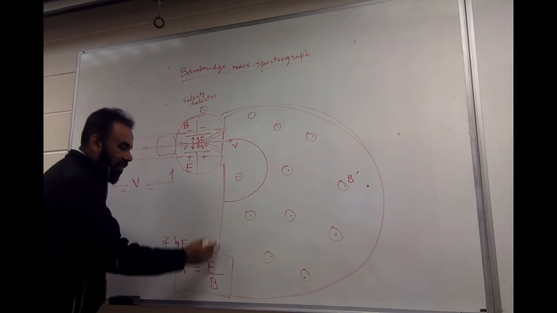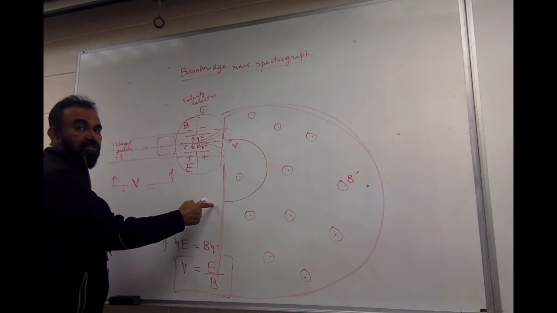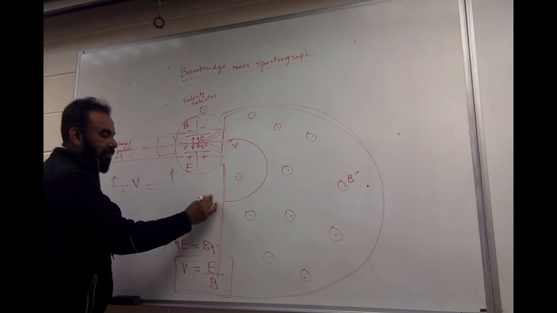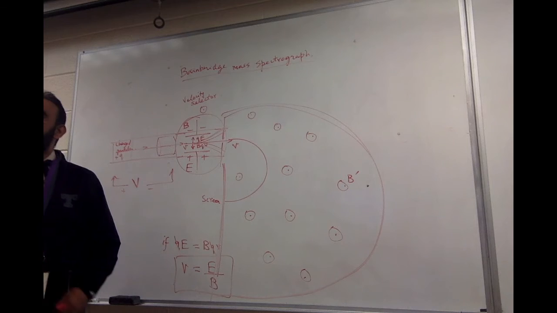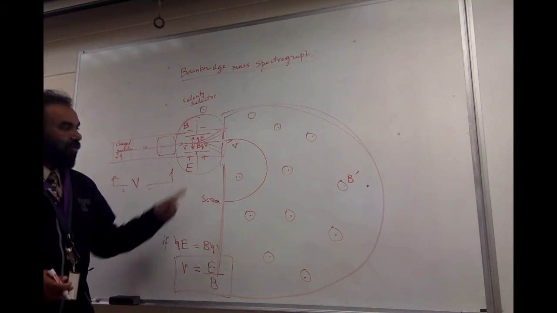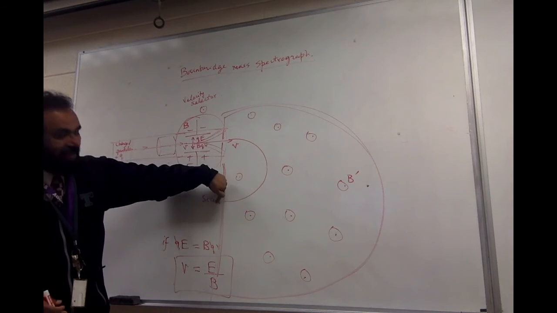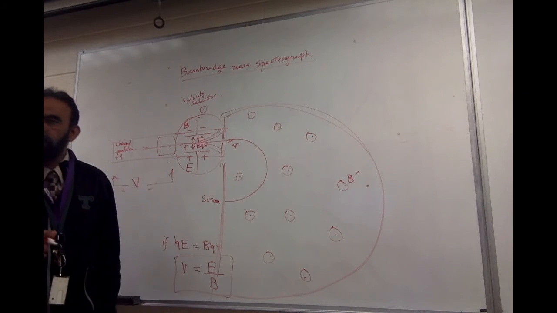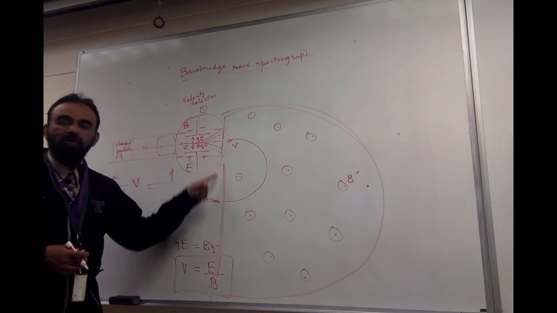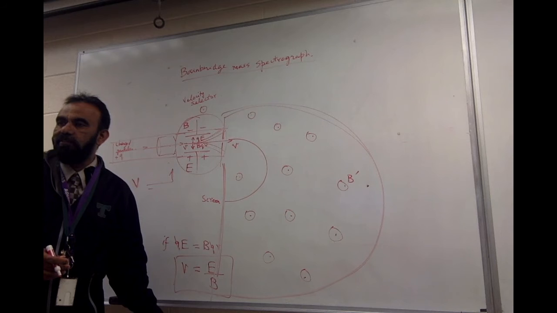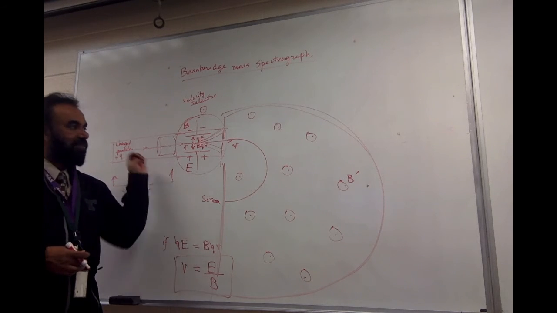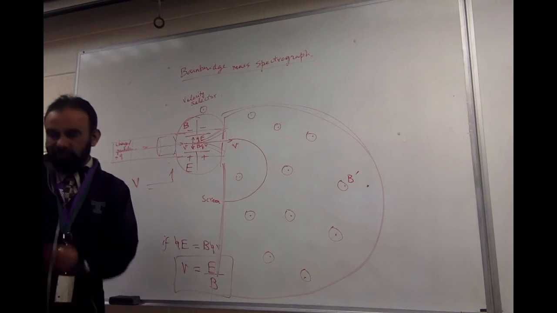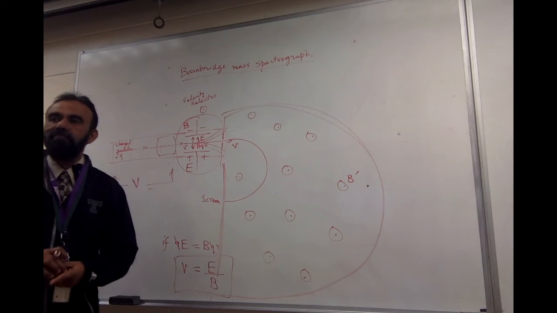And over here, we put a fluorescent screen. That's a fluorescent screen. So what will happen to these charged particles? They'll come and hit there, and it will produce brightness. Or you can put a photographic plate. So, send them, take a picture, analyze the picture. Both can be done.